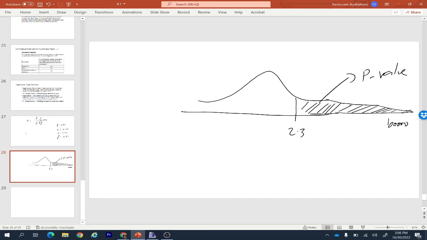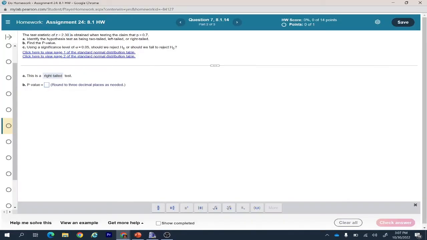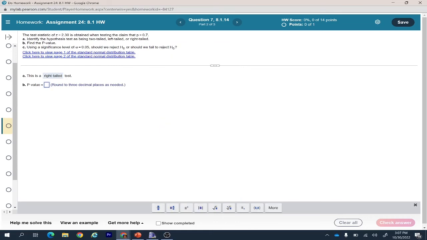Eventually it will give you all the area between these two z-scores, which in this case is 0.0107. If you want to round it to 3 decimal places, it would be 0.011, right? That's 3 decimal places.